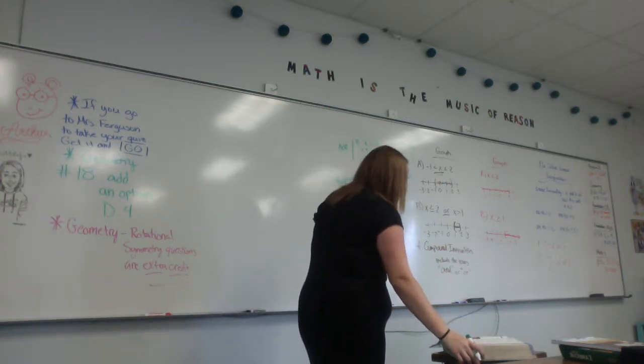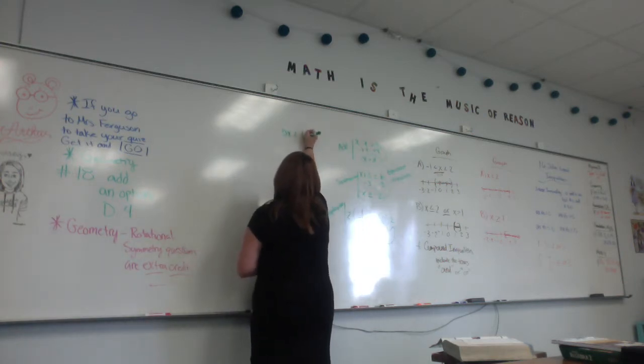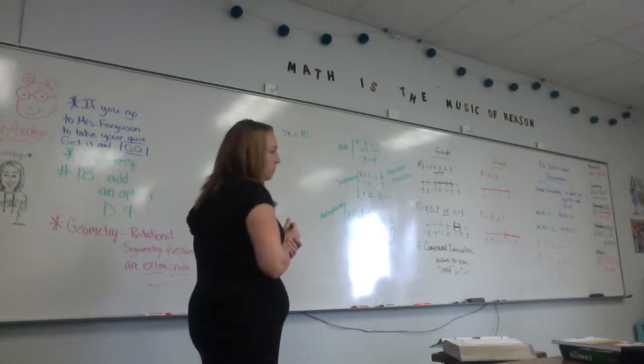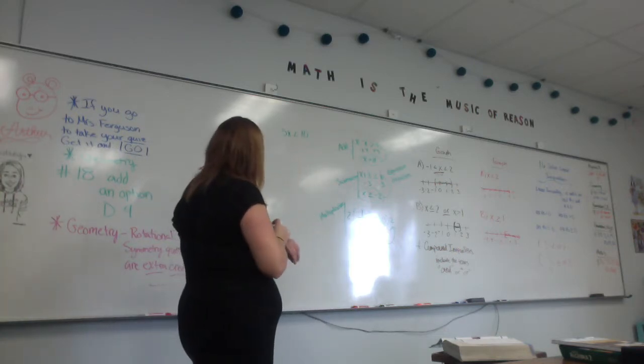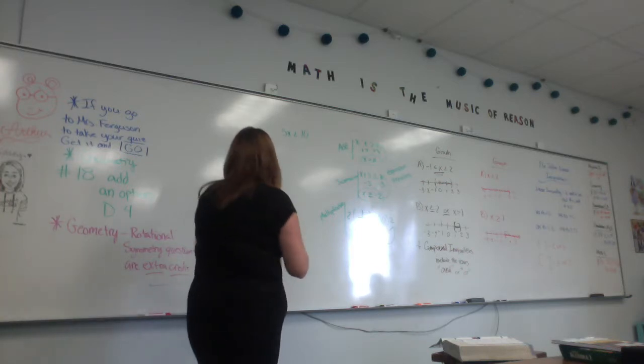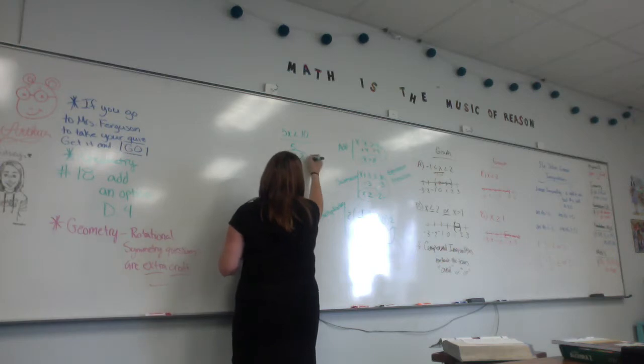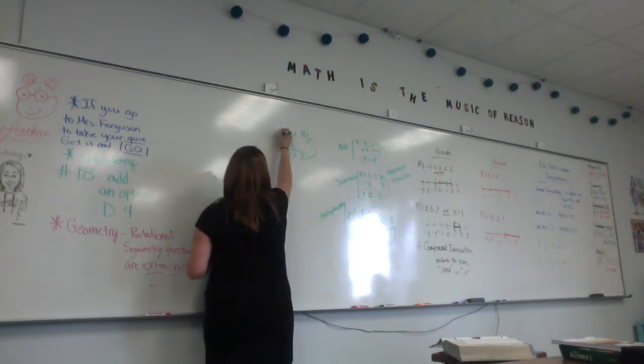What happens if I have 5x is less than 10? What do you have to do there? Divide by 5. I divide by 5, I get x is less than 2. Once again, here is an equivalent inequality to that one, and this is through division.